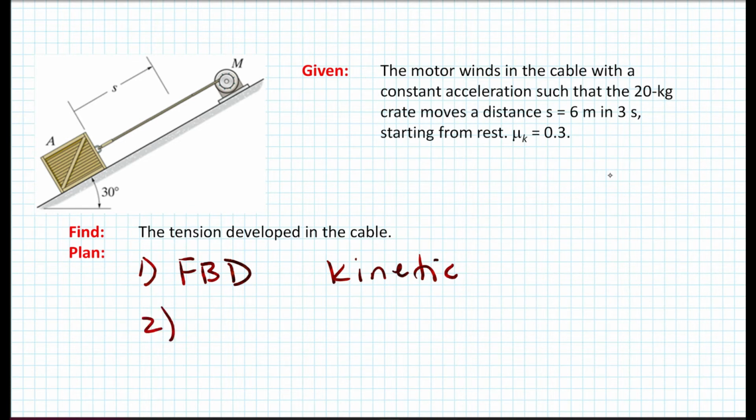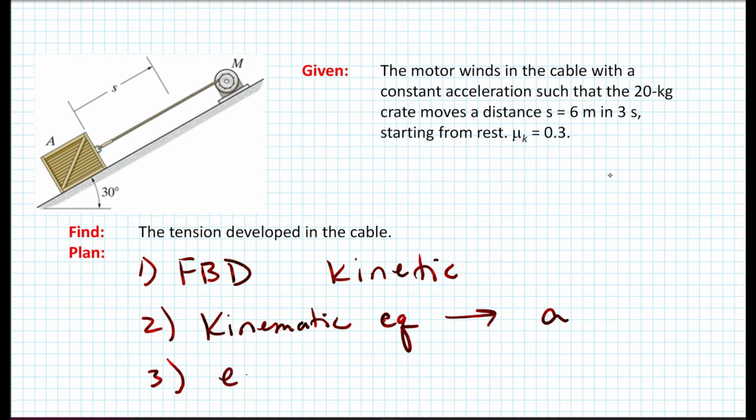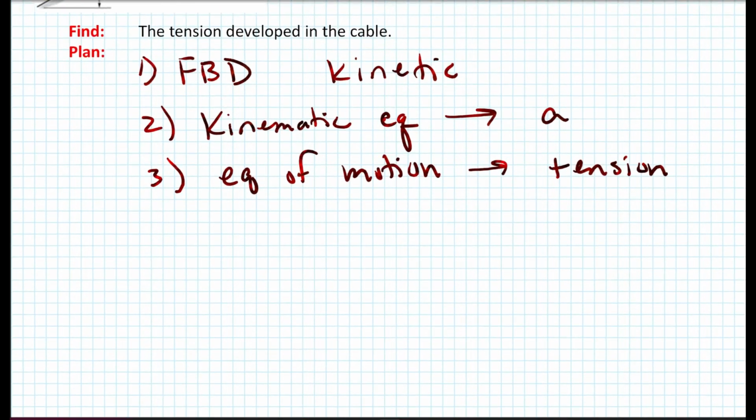Then we'll use the kinematic equation to determine the acceleration of the crate, and then we're going to apply the equations of motion to determine the cable tension. Alright, so let's go ahead and start.